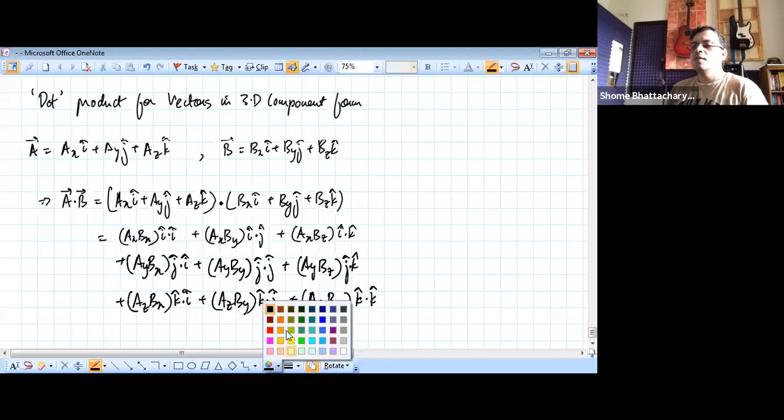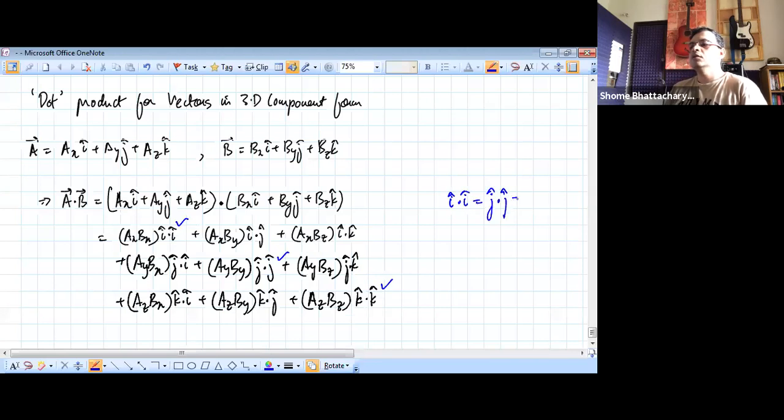On its own, it's very simple because you can see that these 3 terms will give you unity. i dot i is equal to j dot j is equal to k cap dot k cap is equal to unity. But the other 3 terms, or rather the other 6 terms, will all give you 0. This term, this term, this term, this term, this term, and this term. They will all be 0 because i cap's dot product with j cap or j cap's dot product with k cap or k cap's dot product with i cap is 0.